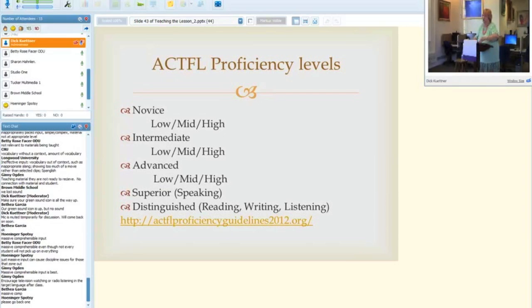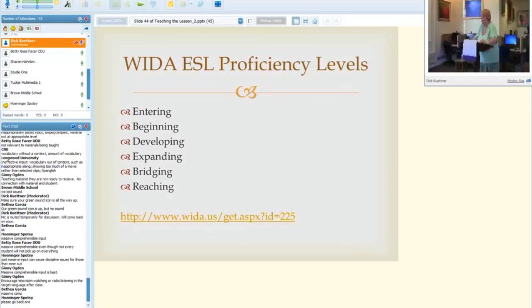Just a review of the actual proficiency levels. We need to know the characteristics of the WIDA, the ESL proficiency levels, are described this way, and you can get a narrative description of those at that particular URL.